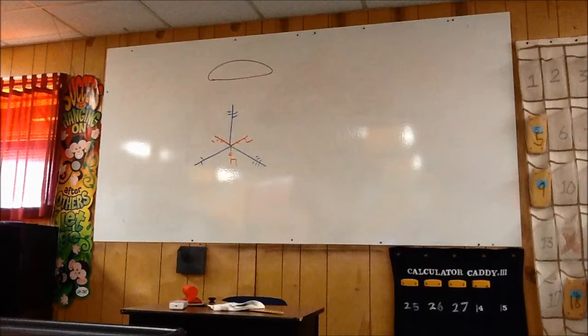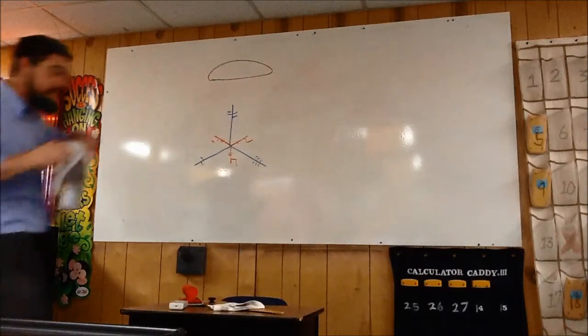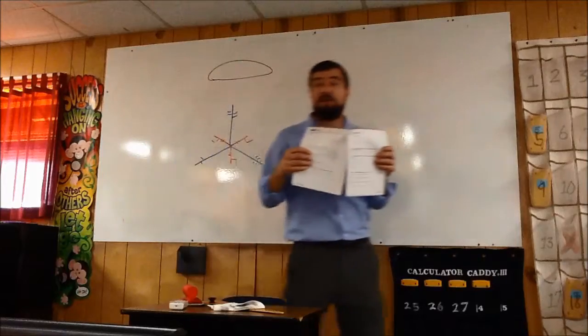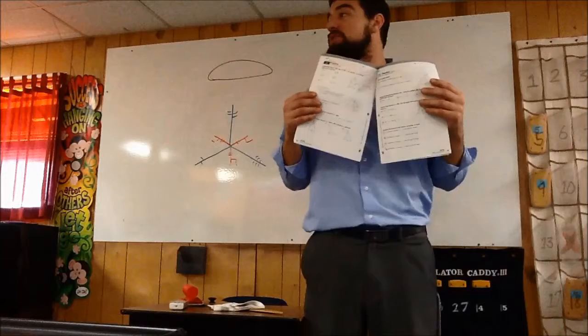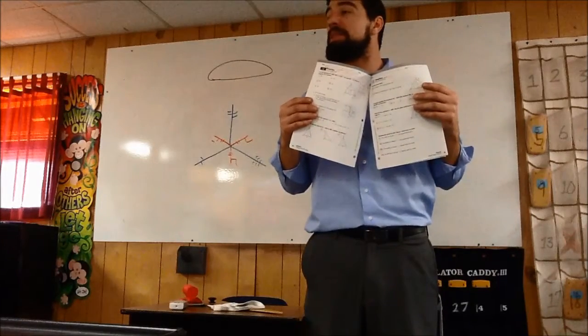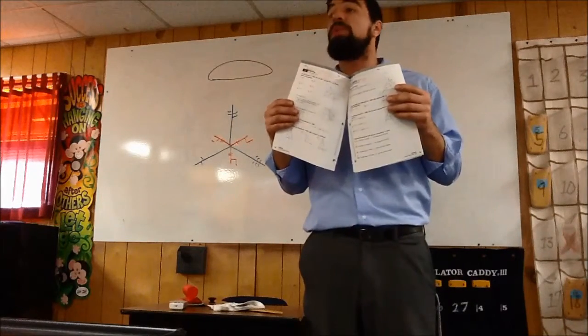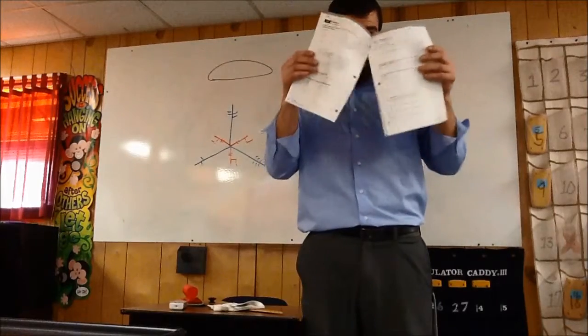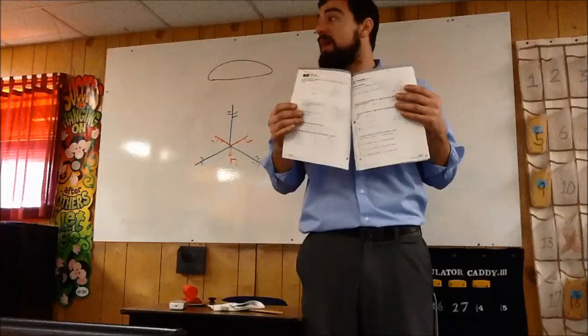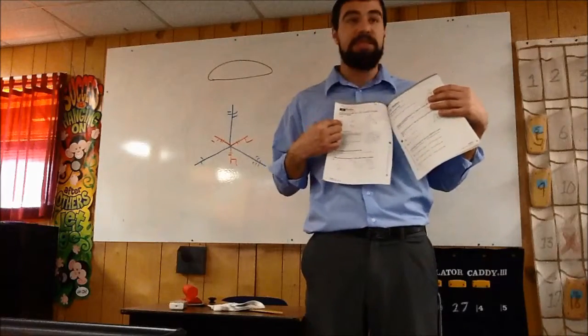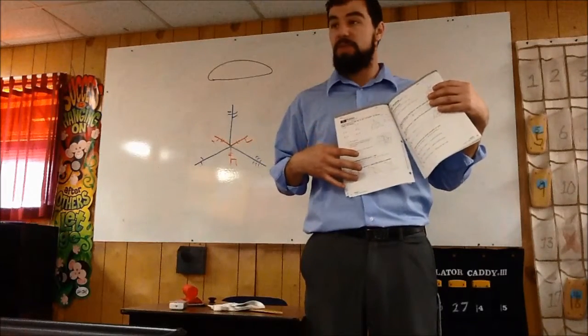Now we need to talk about your midsegments. But since we're right here, please turn to pages 94 and 95, since we're very close to it. This is all about your medians and your centroids. We've already learned this material, but this is review for your test.